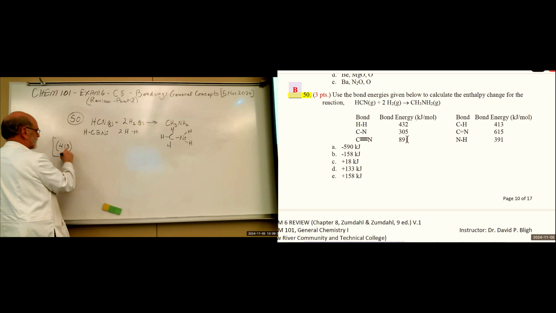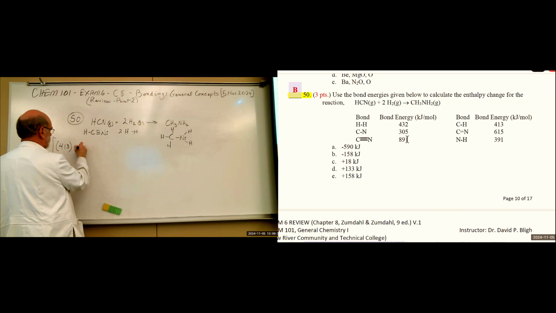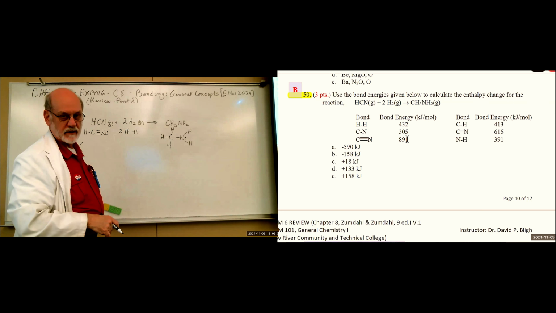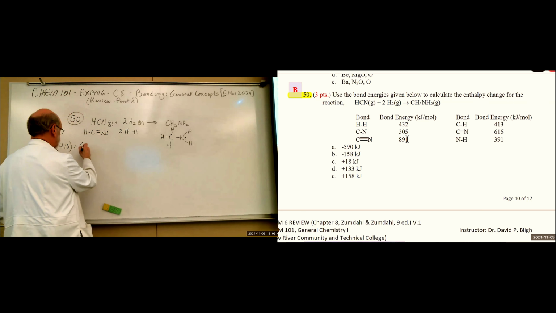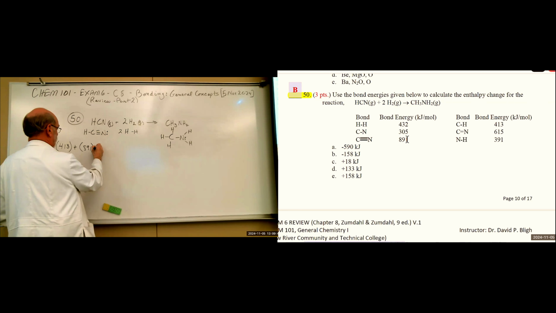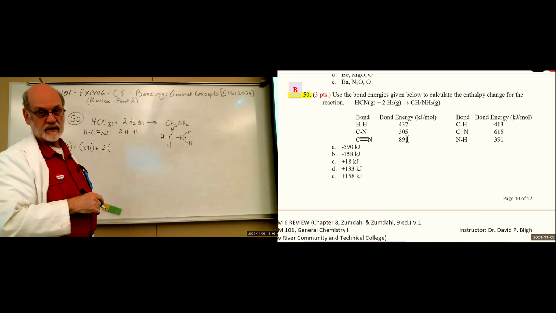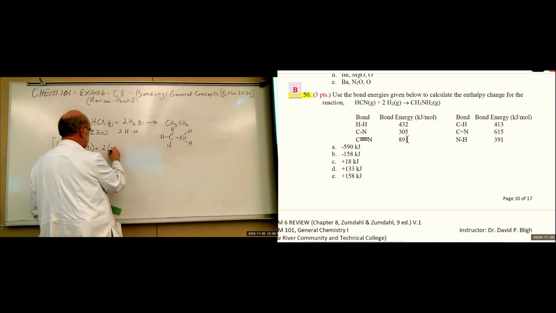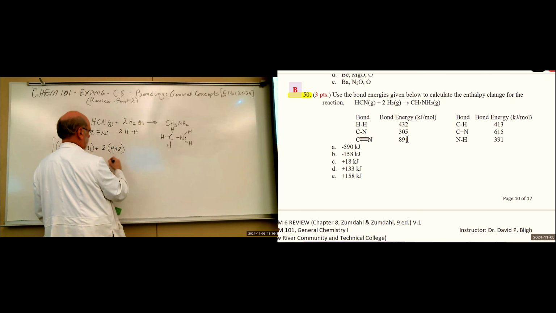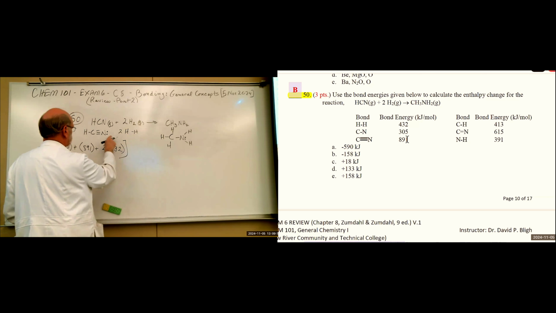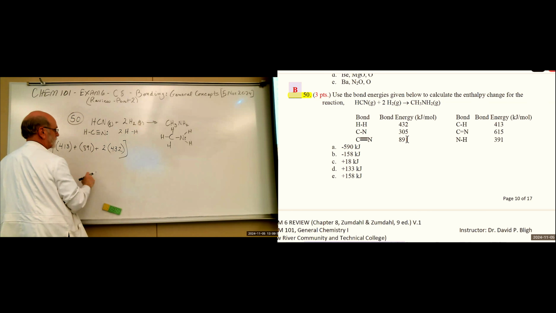So this is 413 plus carbon triple bond nitrogen, 891. And there's only one of them. In this case, we have 2 hydrogen-hydrogen bonds, 432 each. So that takes care of all these, right? 1, 2, 3.